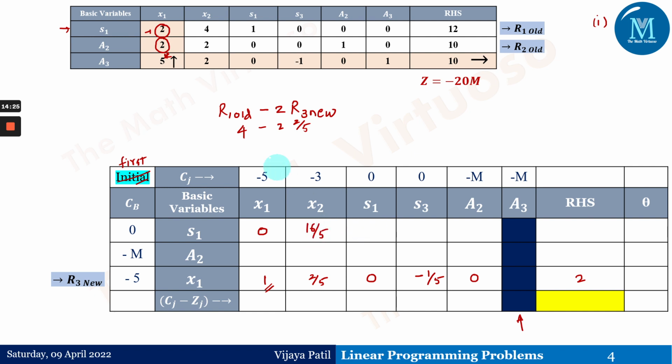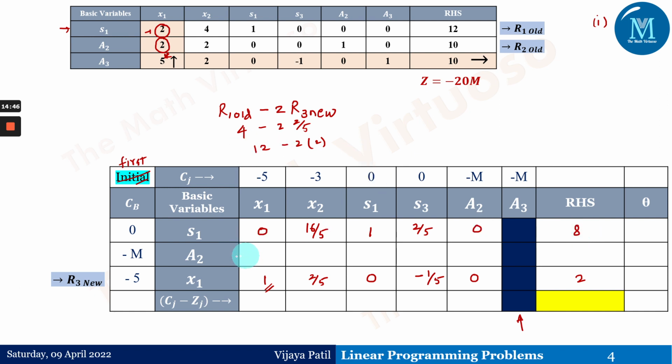Similarly, following the same transformation, we get the values 1, 2 by 5, 0, and then the RHS becomes 8. How to calculate the RHS? Same transformation we have to make use of. That is 12 minus 2 times 2, that means 12 minus 4, so we get 8.